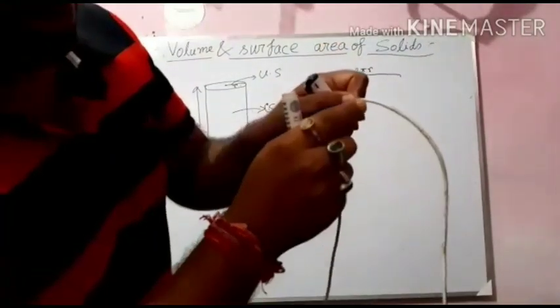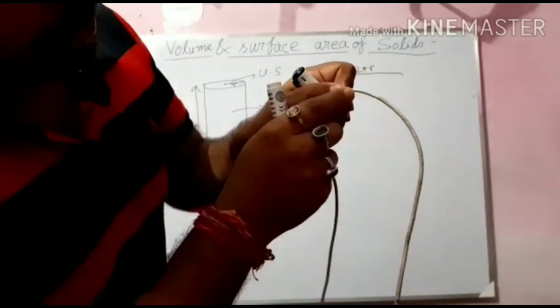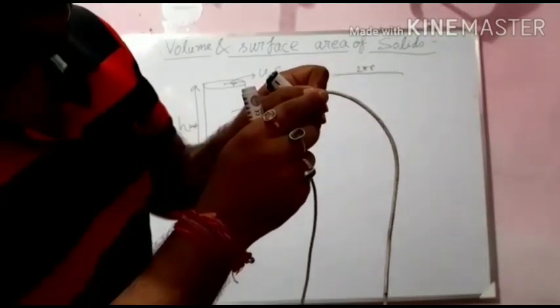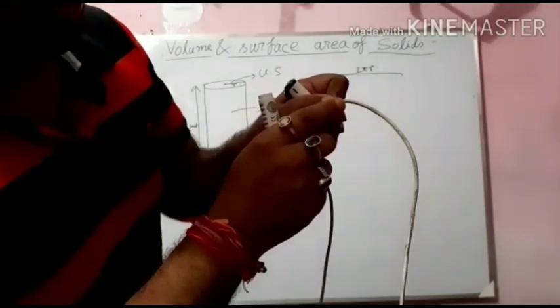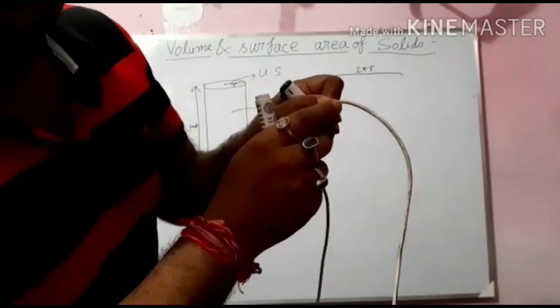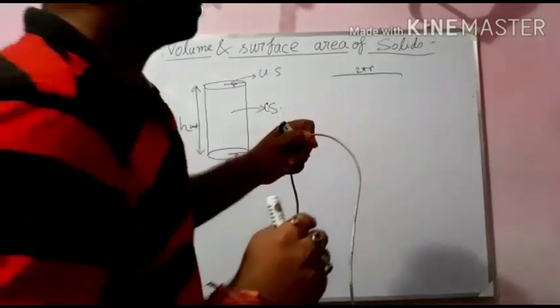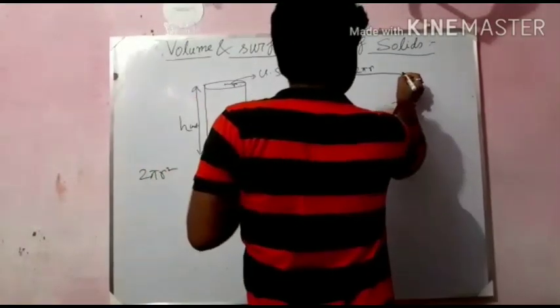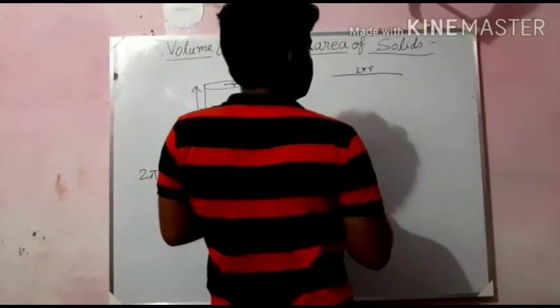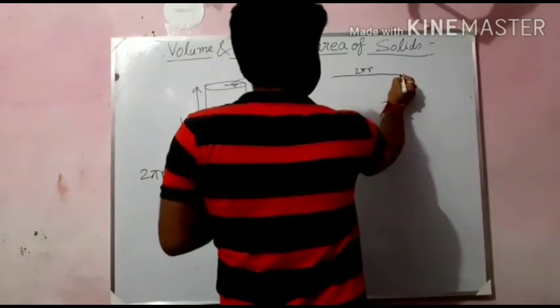Now see, this wire has a very short width, though it is very short, but we have to consider it. Suppose the width of the wire is 1 unit.